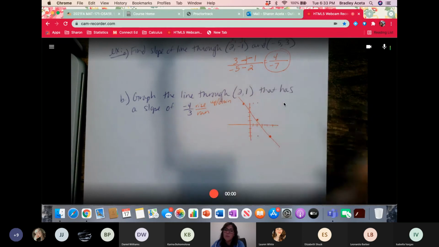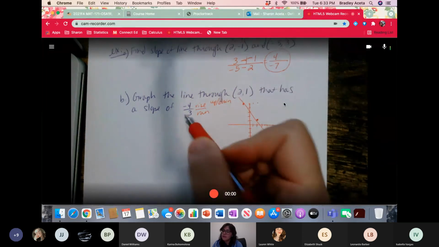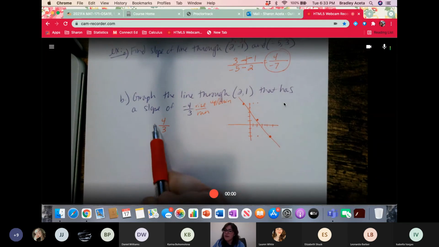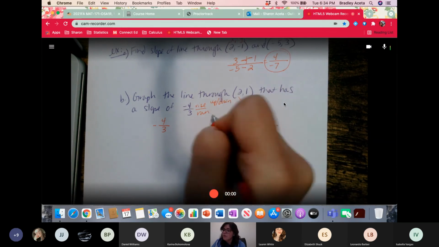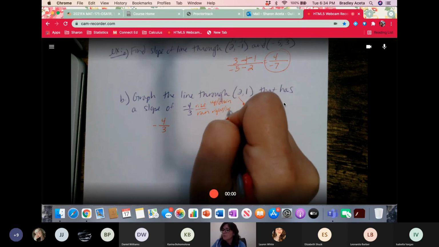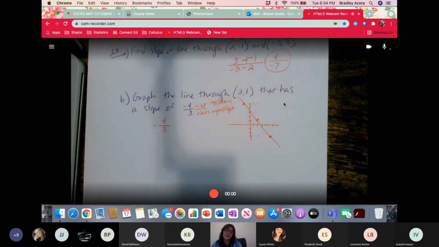So the top, you always go up or down. And again, if you had something like negative 4 over 3, that negative, I always just make it go to the top. And then the bottom is whether you go right or left, but I always go to the right unless I'm doing the opposite of what I had done before.